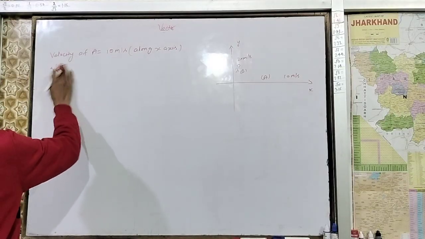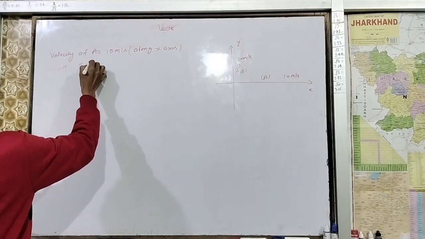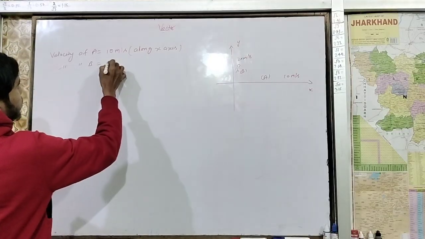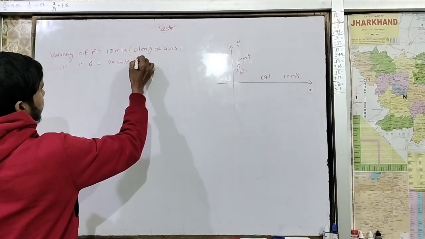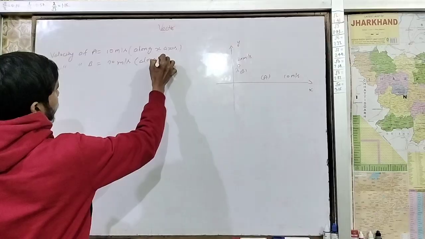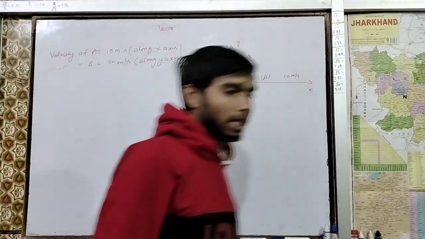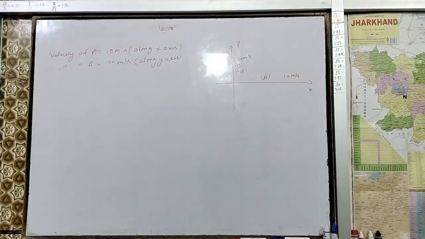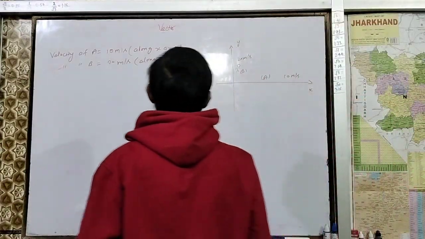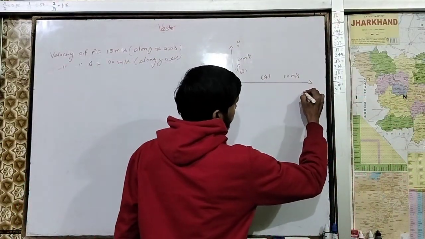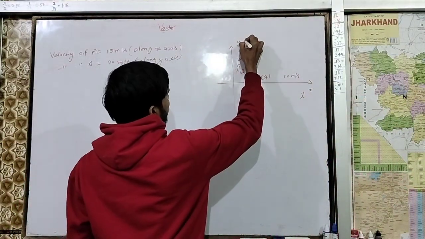Now, the velocity of B person is 20 meter per second along the y-axis. Rather than saying along this axis, along that axis, we can replace this by i cap, j cap, k cap.